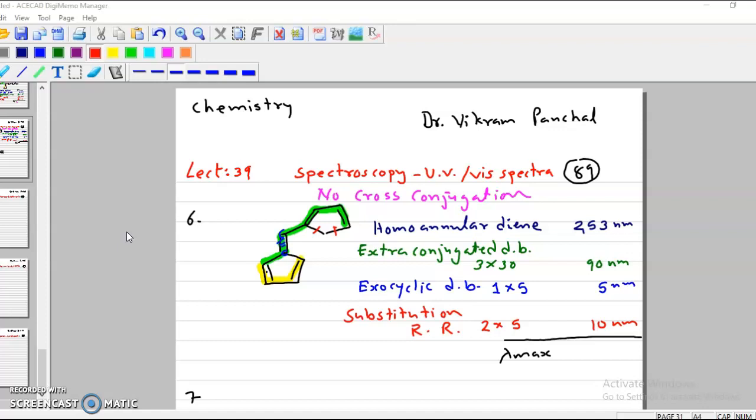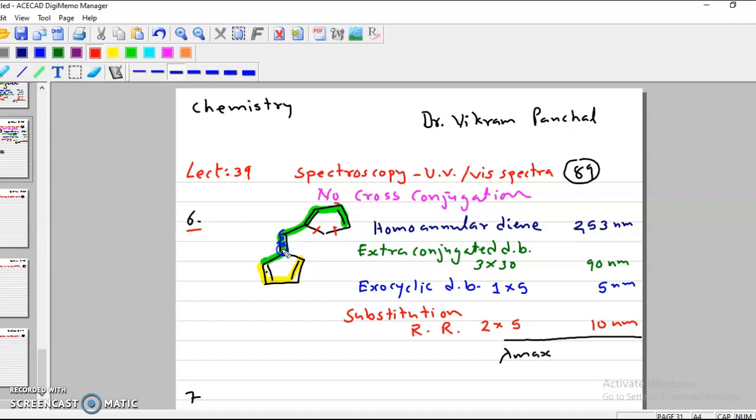In lecture number 38, I was explaining this example number 6, in which you will find double bonds in one ring and double bonds also in this ring. So you can take any one of these as a basic system. We have considered this as the basic system, and then this double bond is an extension to this one.